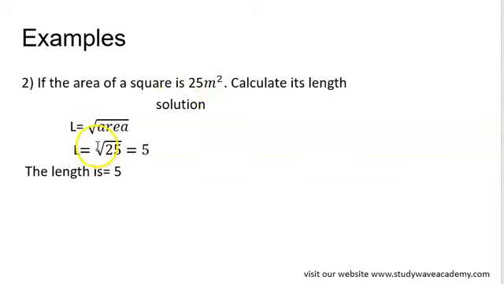So we say square root of 25. The square root means two numbers that are the same, that when they multiply will give you that same number. And the square root of 25 is 5, because 5 times 5 will give us 25. So the length of the square here is 5 and the area is 25 meters squared.